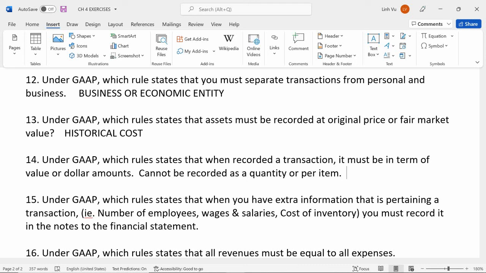Is it cost benefit? No, it's not cost benefit, because cost benefit is in terms of alternatives. What are the two options?